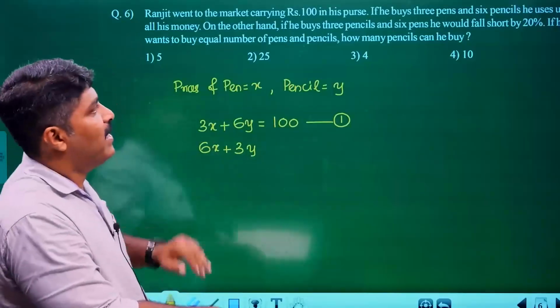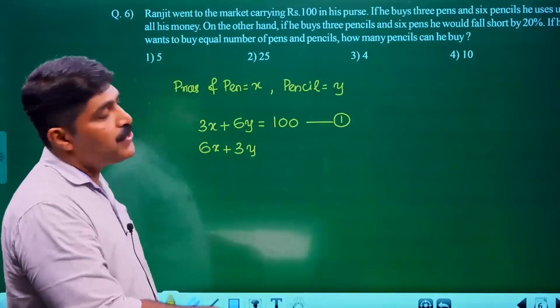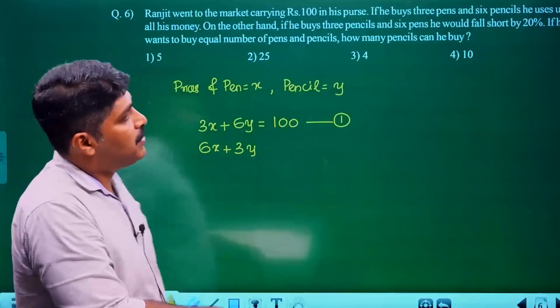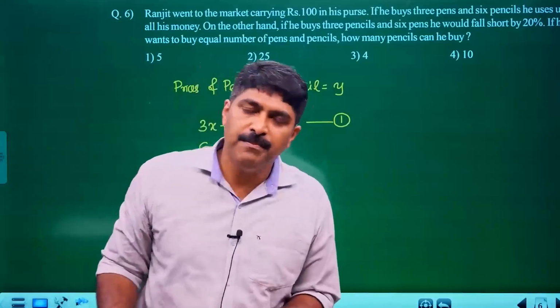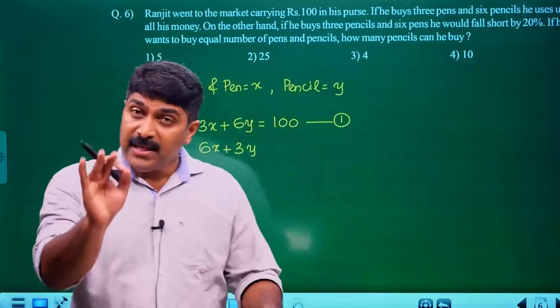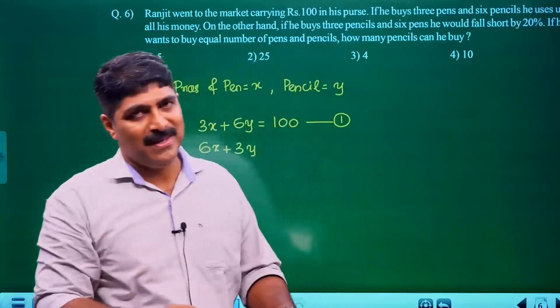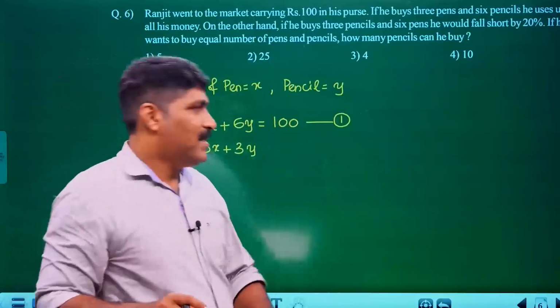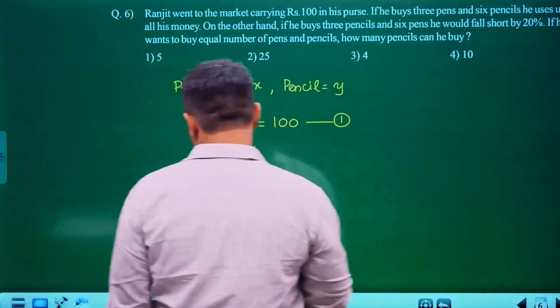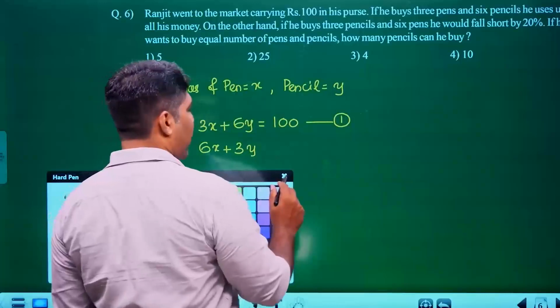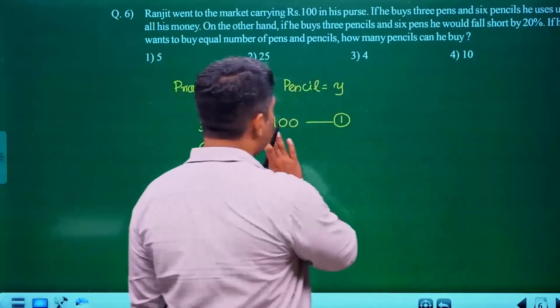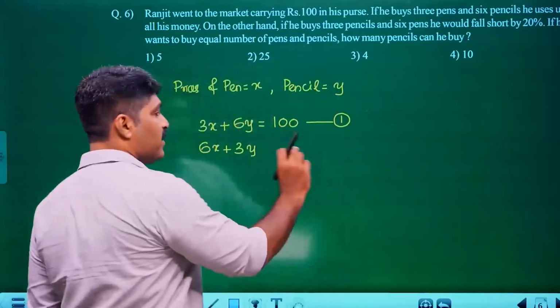What happened there? He falls short by 20%. Falling short by 20% means he has actually 100 rupees, which is 20% less than the actual requirement. Got it? Suppose we consider the actual requirement, or total price required, as per this transaction.